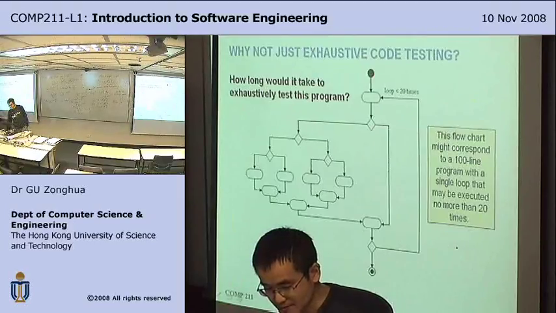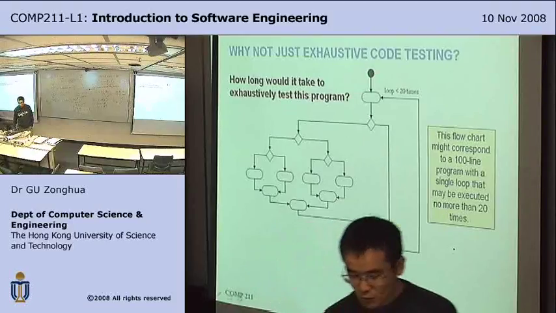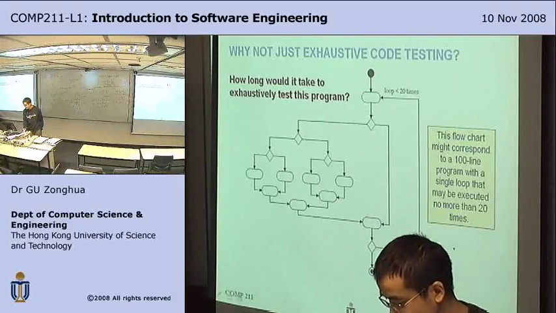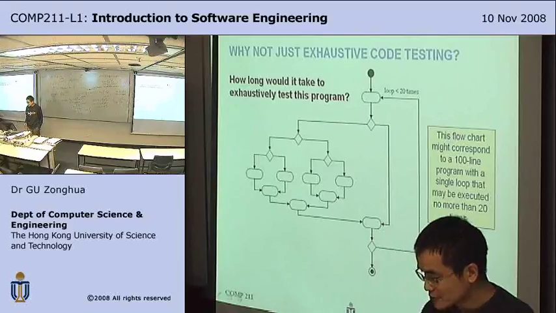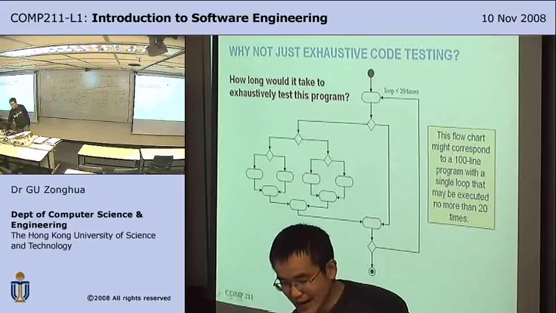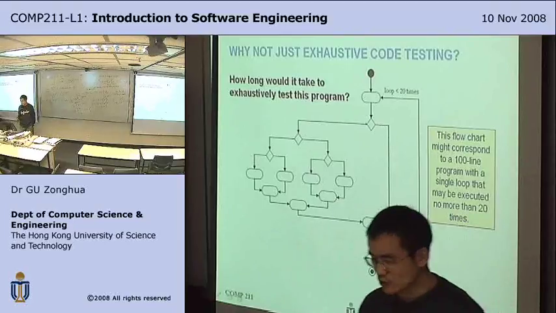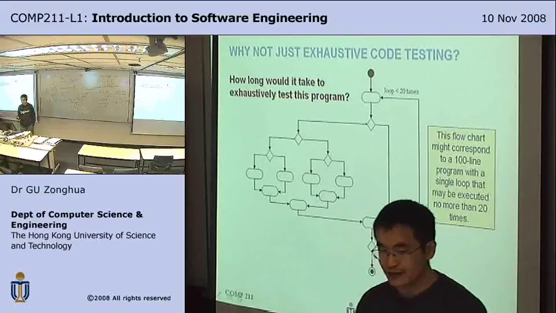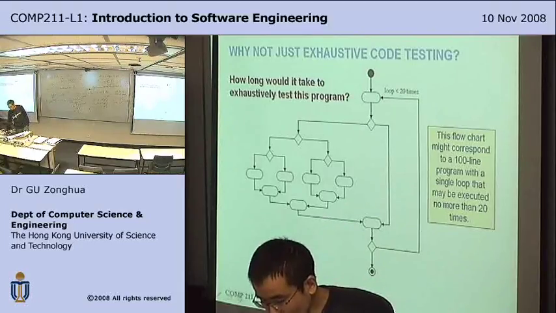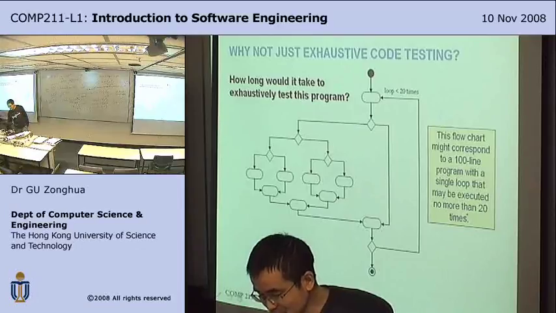So, plan tests. Why do you need to plan tests? Why not test your software exhaustively? So consider this flow chart, perhaps an activity diagram, describing the internal implementation of an operation corresponding to a 100-line program with a single loop that may be executed no more than 20 times.